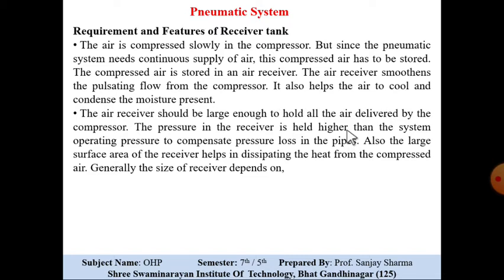So the pressure in the receiver tank should be higher than the operating pressure used in the pneumatic system, as there are losses in the pipe. Also, the large surface area of the receiver helps in dissipating the heat from the compressed air.